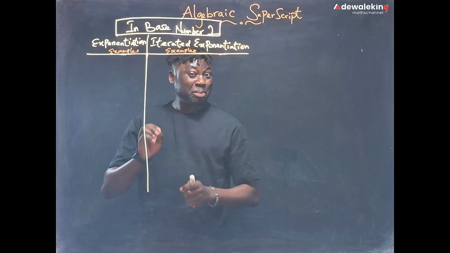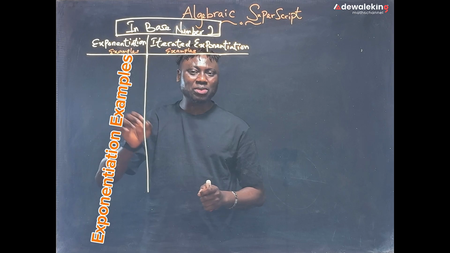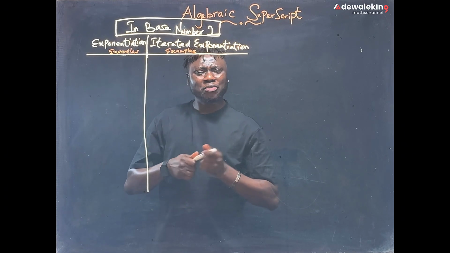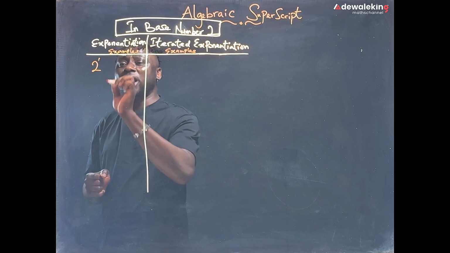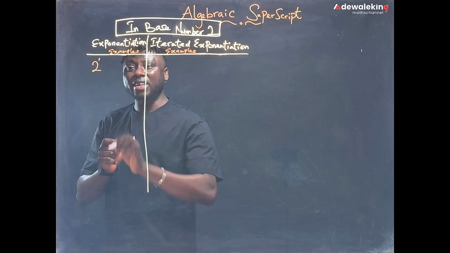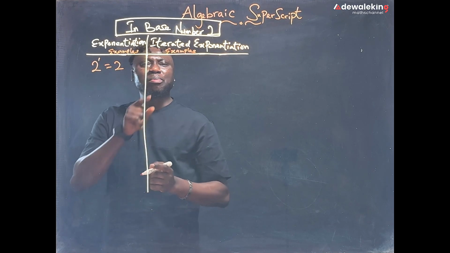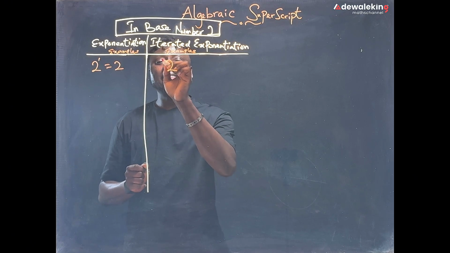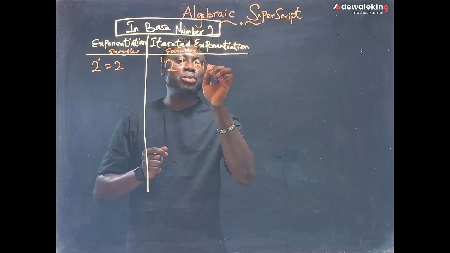Let's look at some examples in base number 2 for exponentiation and iterated exponentiation. For instance, 2 raised to power 1 is the same thing as 2 in indices. But here, 2 tetration 1 is impossible.